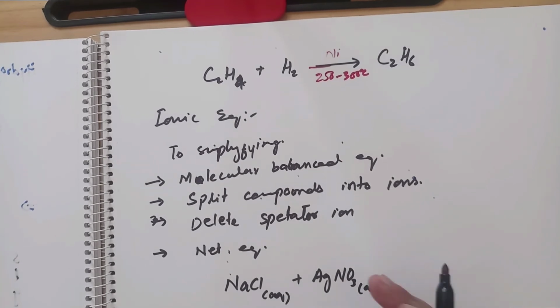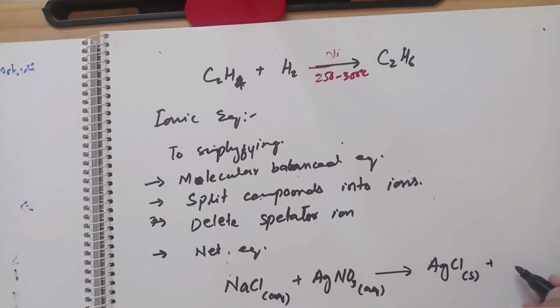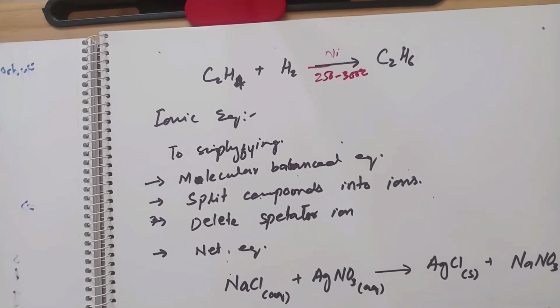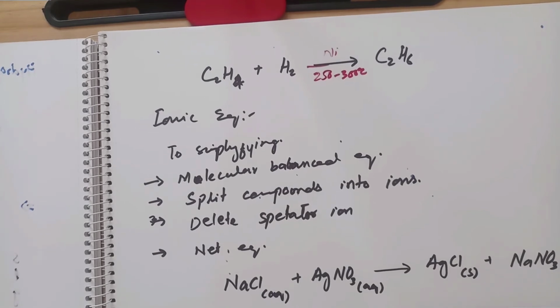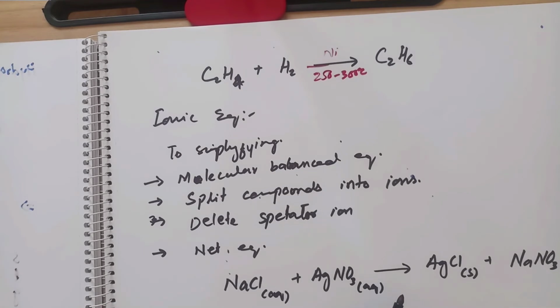They will react together to form the precipitate of silver chloride, and as the precipitate is in solid form, I will write s here. And solution of sodium nitrate, as it is present in a solution, I will write aqueous here. Is it clear? So the first step is to write the balanced chemical equation, and I have written the balanced chemical equation here.